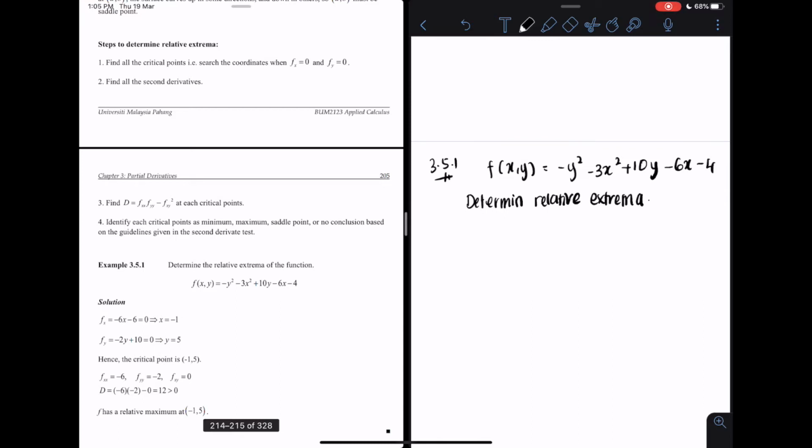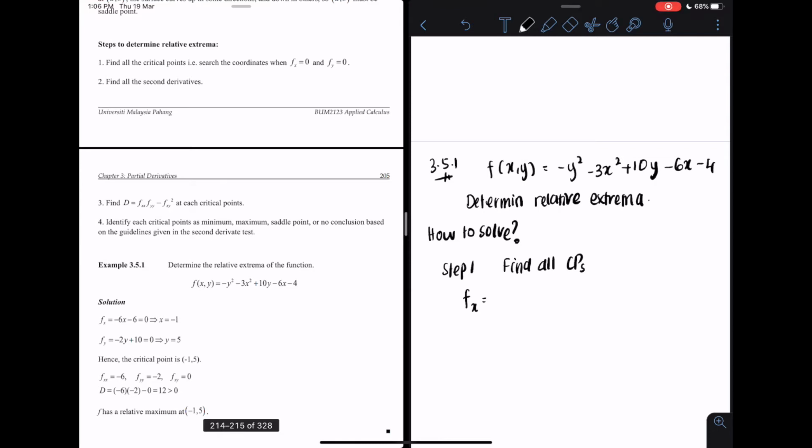Step number 1. Okay, let me write how to solve. Step 1. Find all critical points. So in this case, I have to determine fx first, which is first order partial derivative with respect to variable x.